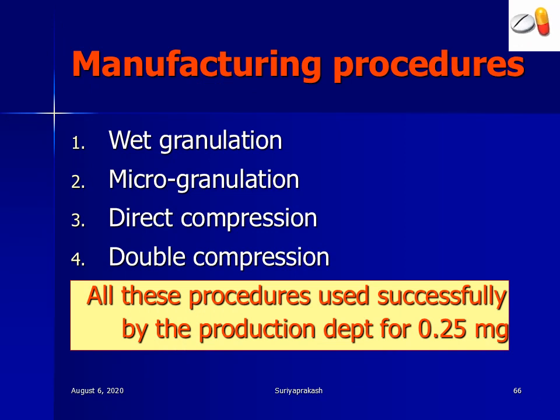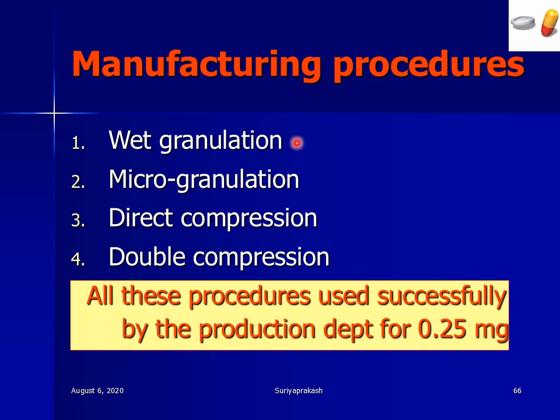The company has organized 4 manufacturing procedures: wet granulation, micro granulation, direct compression and double compression. All these procedures were successfully used by the production department for 0.25 milligram.